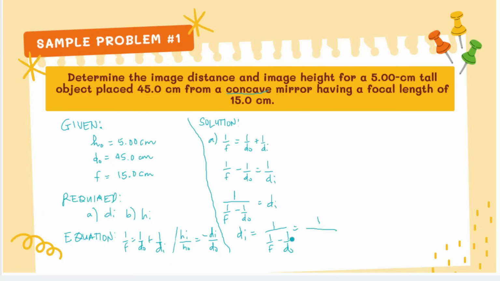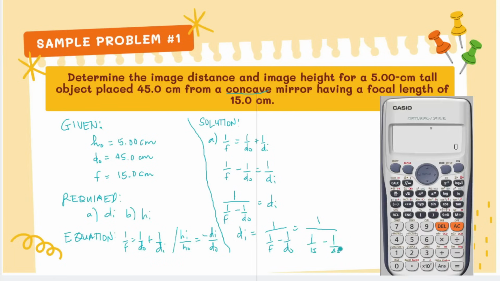One over 15 minus 1 over 45 is equal to, ayusin lang natin, medyo nawala siya.